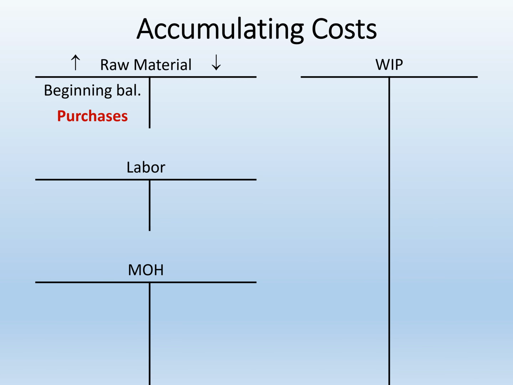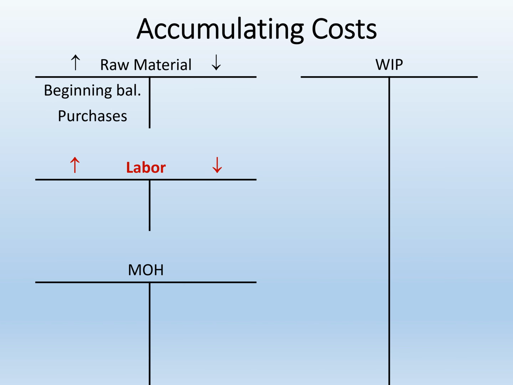During the current period, the firm purchases more raw materials, which increases the debit balance in this account. Altogether, the raw materials beginning balance plus all of the purchases during the period equals the raw materials that are available for use.